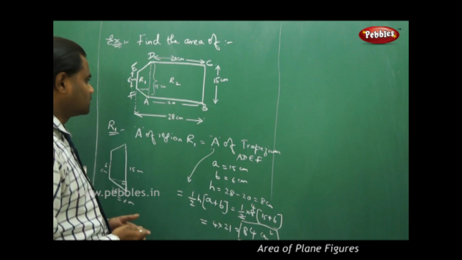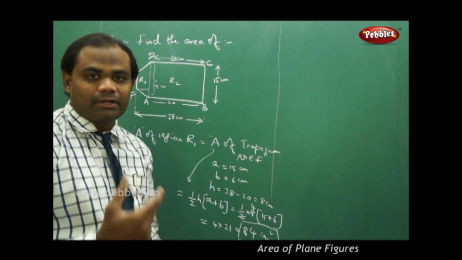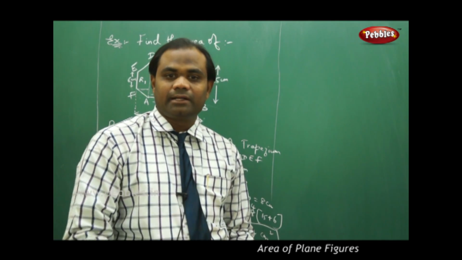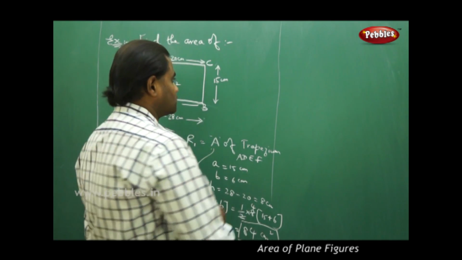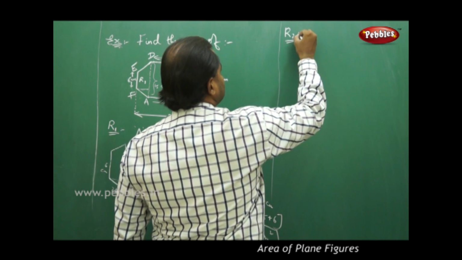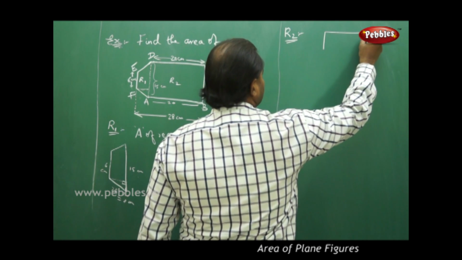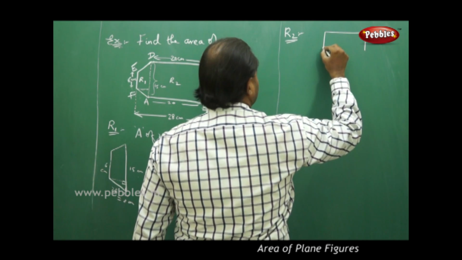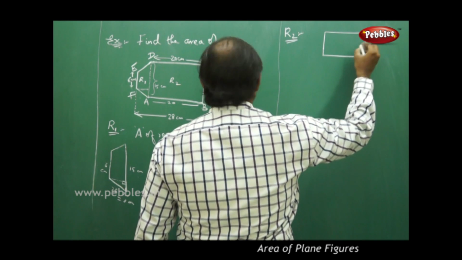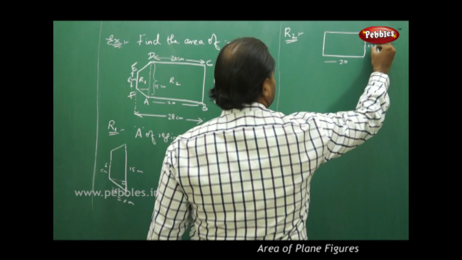Similarly, I'll find the area of region R2 by identifying the shape and then using the respective formula. The region R2 here is clearly identified as a rectangle with dimensions 20 and 15 centimeters.